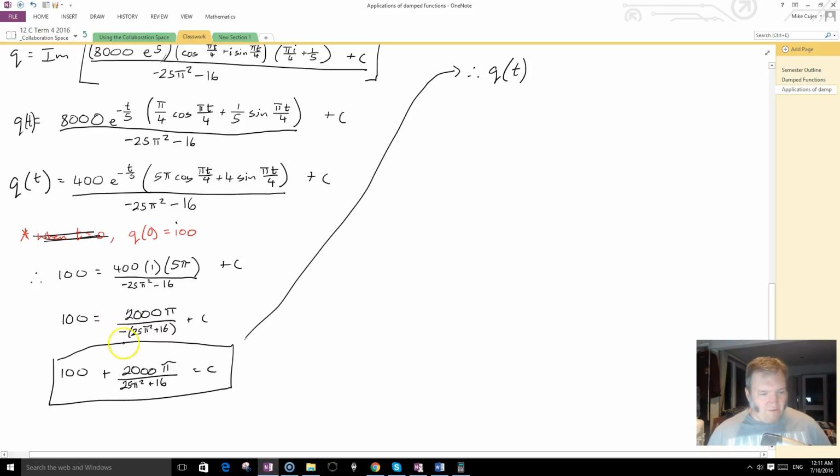So I could actually make the denominator 25 pi squared plus 16 and have this numerator, 2000 pi, minus this expression on the top there, 400 e to the negative t over 5, and then what have I got? 5 pi cos pi t over 4 plus 4 sine pi t over 4.